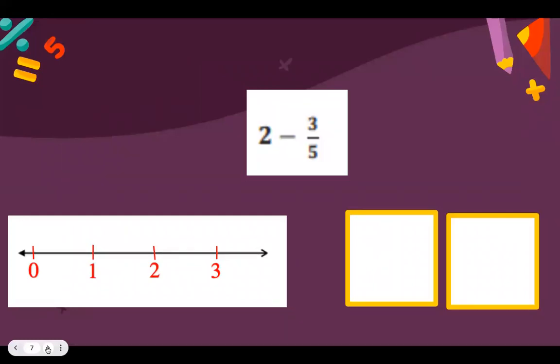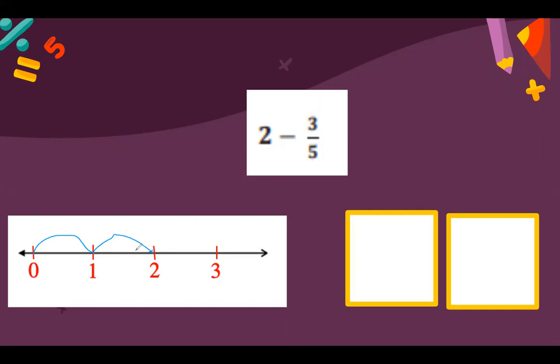Okay, so we have 2 minus 3/5. So if we were to look at this through the lens of a number line, we would go forward to 1, 2, buckle my shoe, 3, 4, shut the door. No, just that far, okay? And then it says minus 3/5.